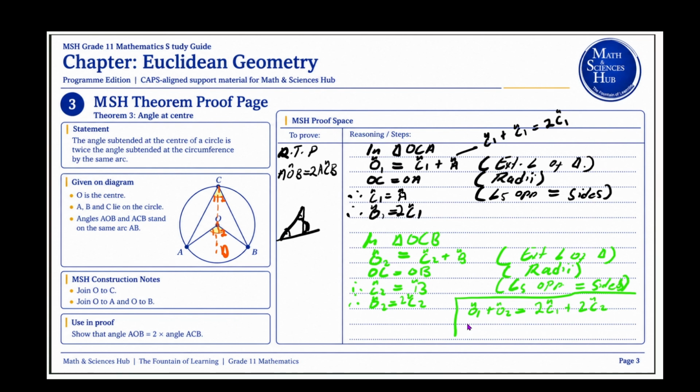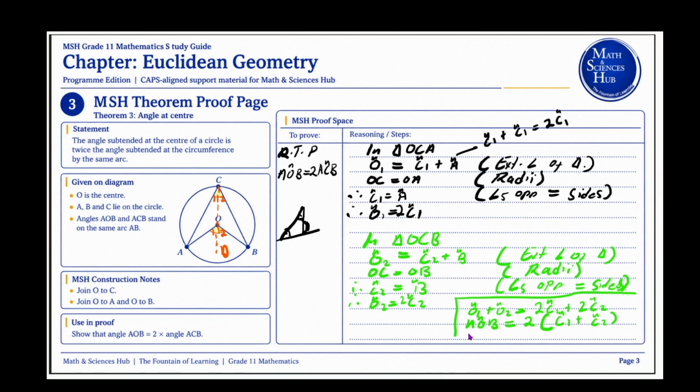Okay, one side solved. So we can say angle AOB equals, and then we have a common factor, which is 2. We take out the common factor, and we're left with angle C1 plus angle C2. Now what is angle C1 plus angle C2? It is that angle right over there, angle ACB.